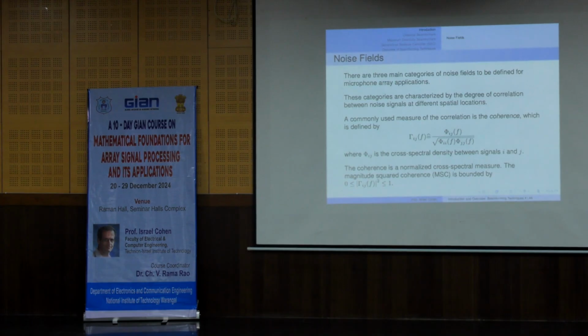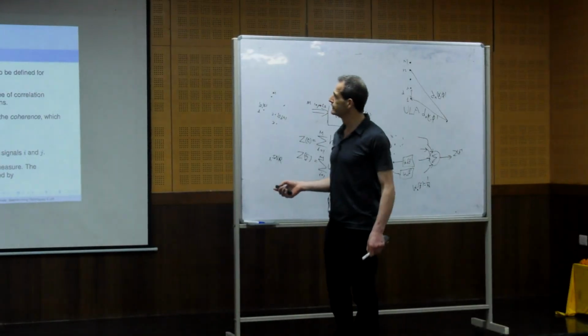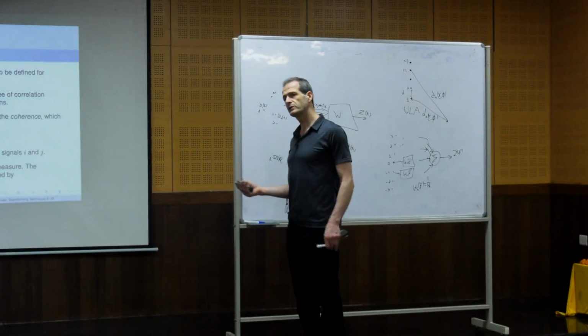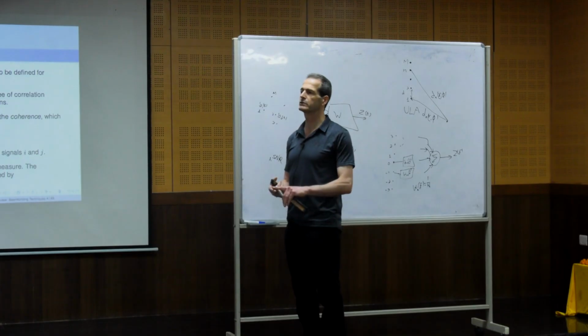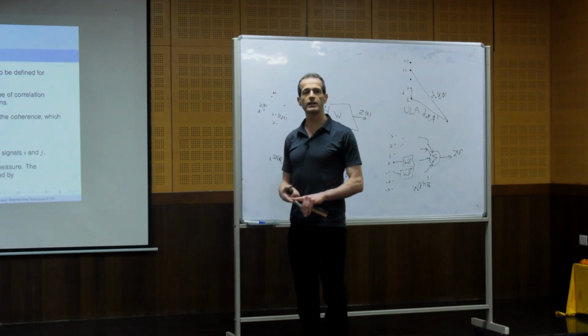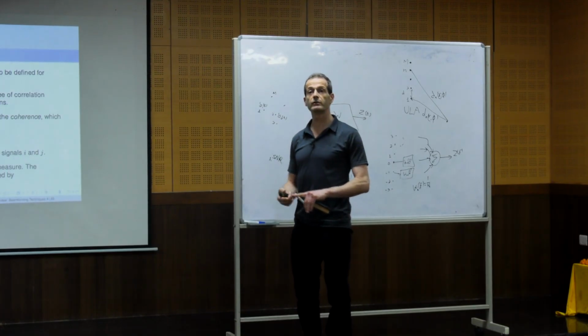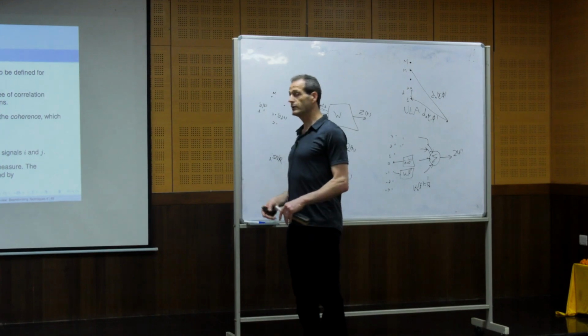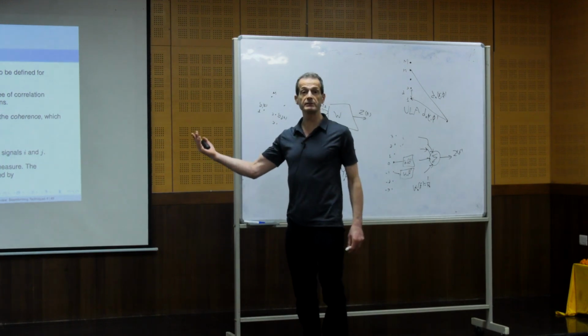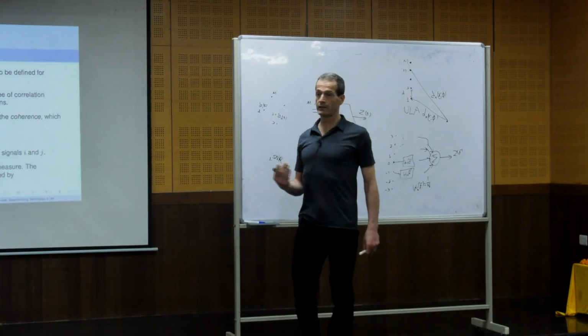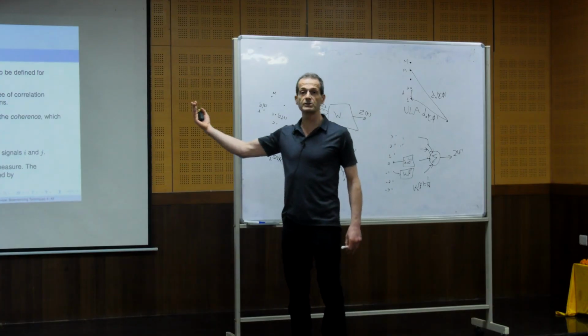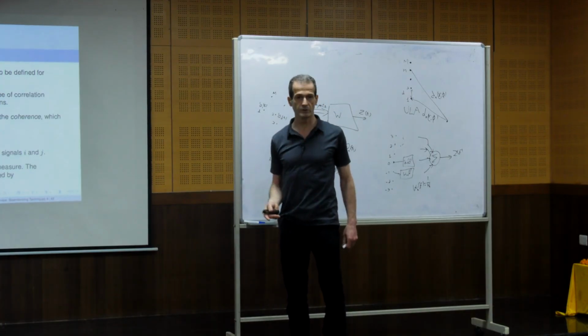In order to talk about beamforming, how to design these weights, we need to talk about noise fields. We already talked about spatially white noise and diffuse noise. Sometimes we also have directional noise. If a noise source comes from a certain direction, it's called directional noise.